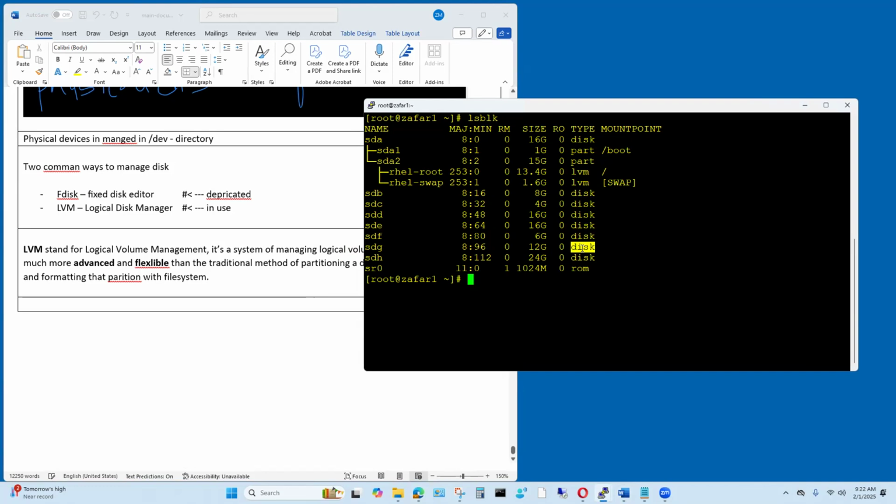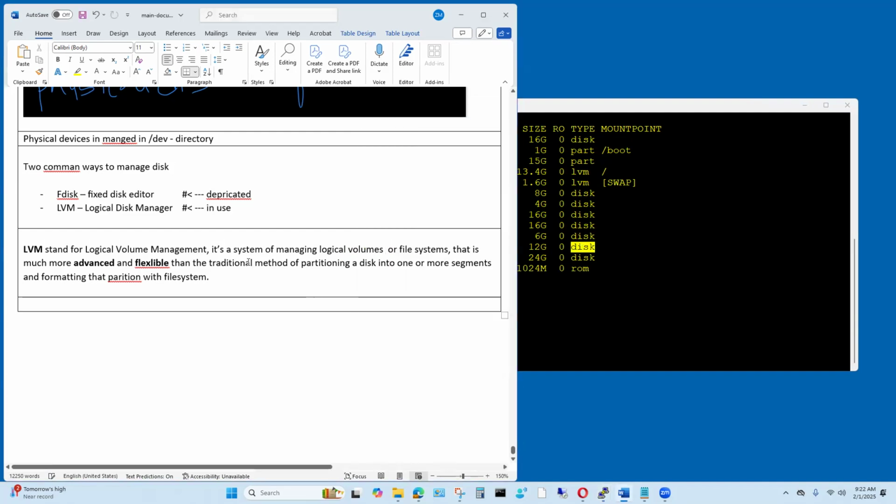But in a Linux environment, you call it a volume, or a file system. It is much more advanced and flexible than the traditional method of partitioning a disk into one or more segments and formatting that partition with a file system.